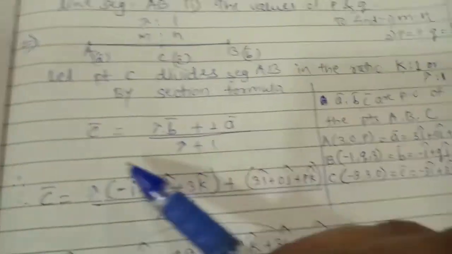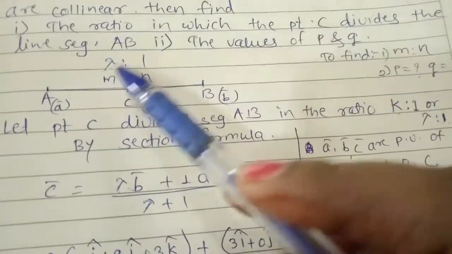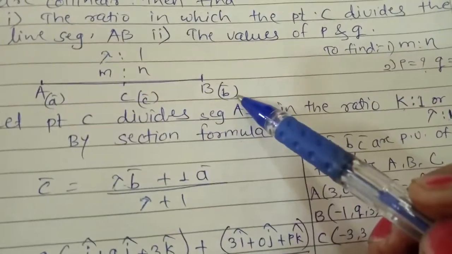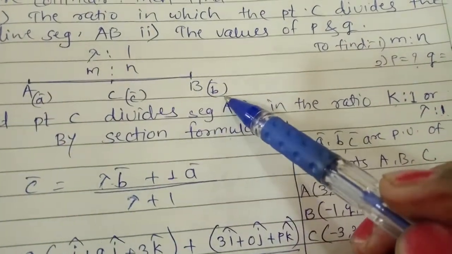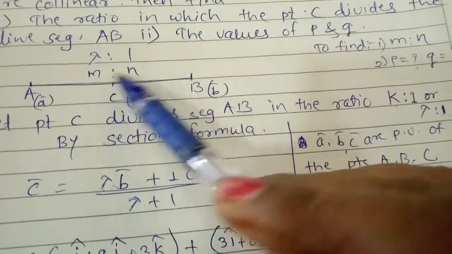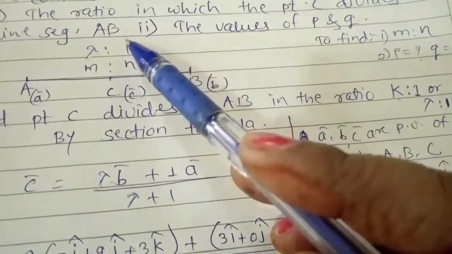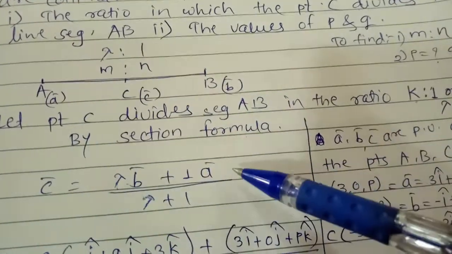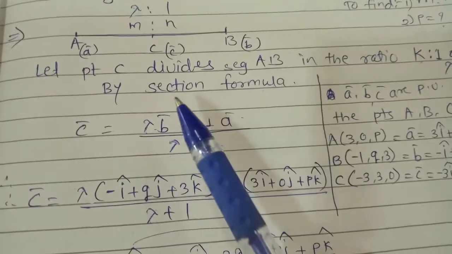Now I am going to use the section formula. By the section formula you already know: C bar equals m B bar plus n A bar upon m plus n. Instead of m, I am taking λ, because we already assumed that this ratio is λ:1. So C bar equals λ B bar plus 1 A bar upon λ plus 1, and now we just have to insert the values.